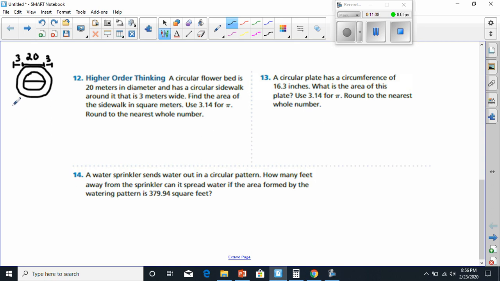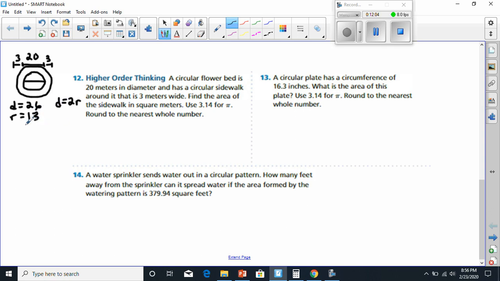So I know the diameter of the whole thing equals 26. I also know that 1 diameter equals 2 radiuses, which means we have to divide this diameter by 2 to find the radius. So my radius has to be half of 26, which is 13.